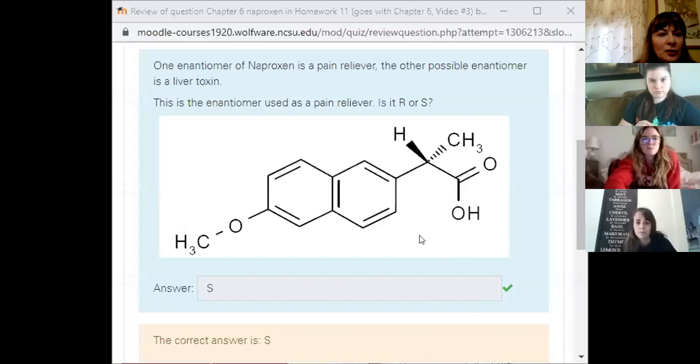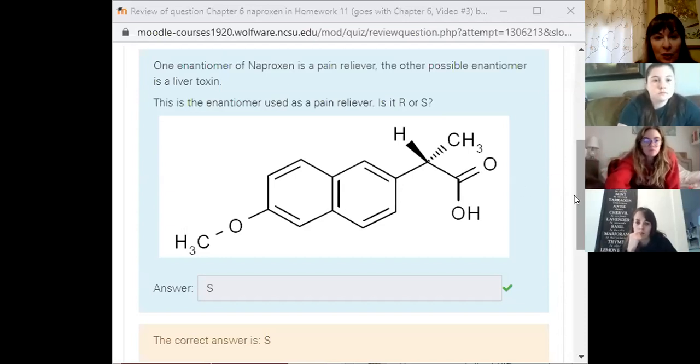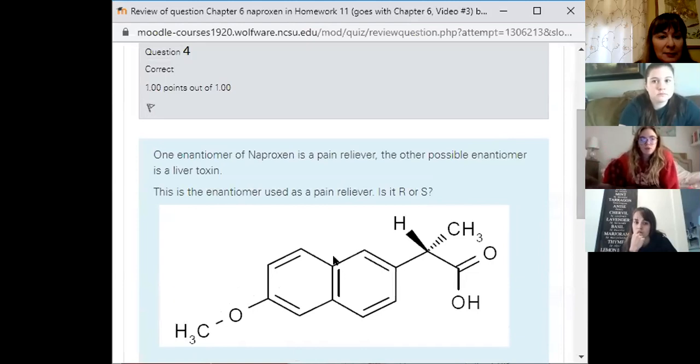Okay, how are you going to find the enantiomers in naproxen, right? Well, we just learned that there's a whole bunch of carbons here that cannot be chiral carbons, right? Can this one be a chiral carbon? No. Can any of the carbons that are in the benzene rings be chiral carbons?